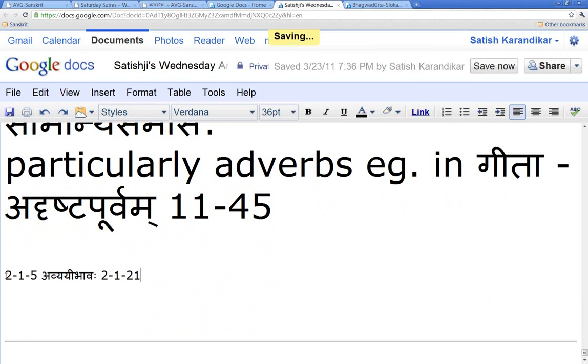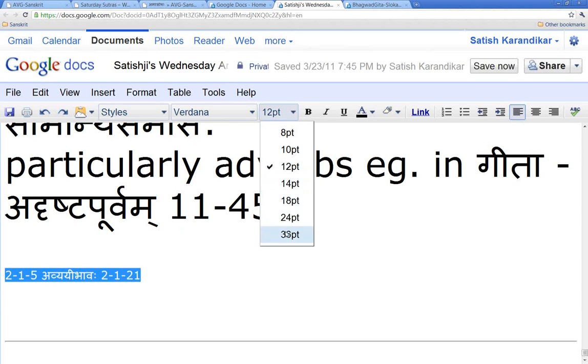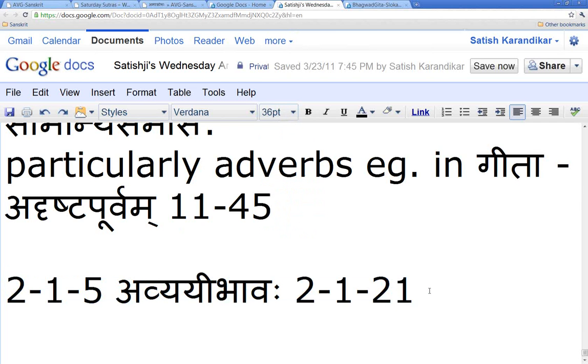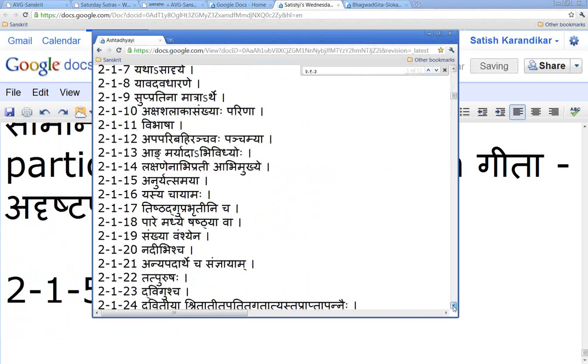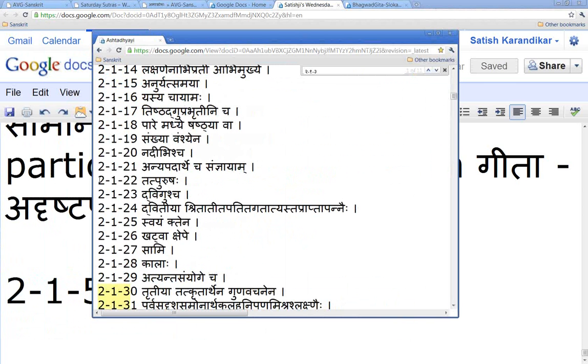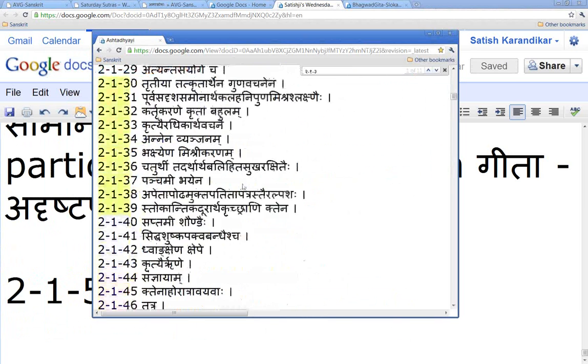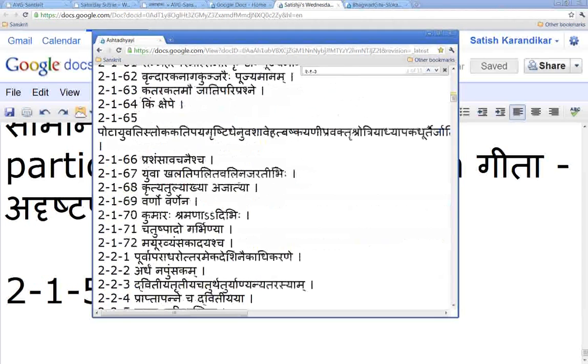And then after that, Panini will start Tatpurushaha. Tatpurushaha will go from 2.1.22 to 2.2.22. So 2.1.22 is a large section. In 2.1.22, Tatpurushaha will start, and that will go up to 2.2.22.